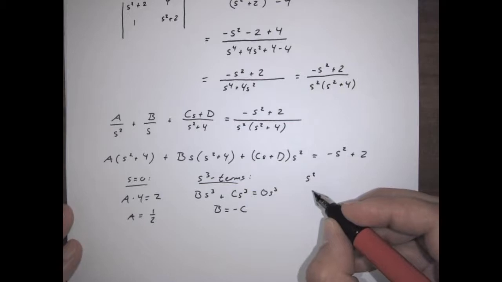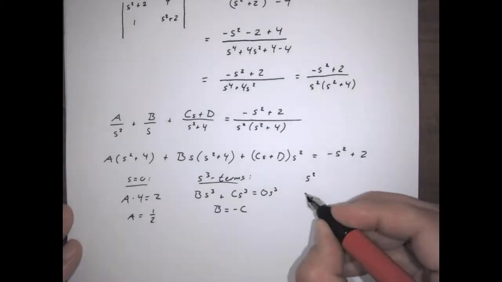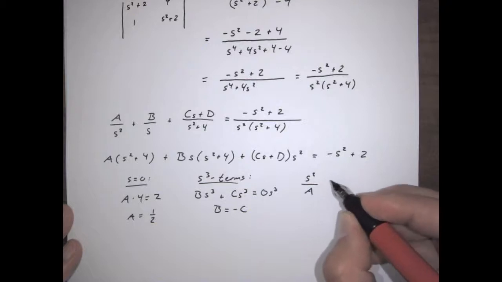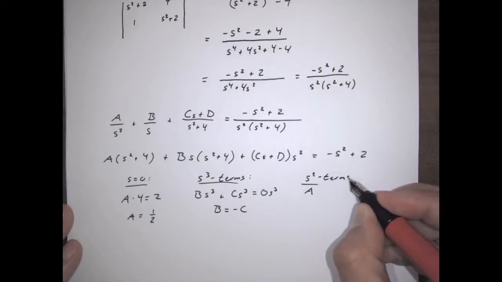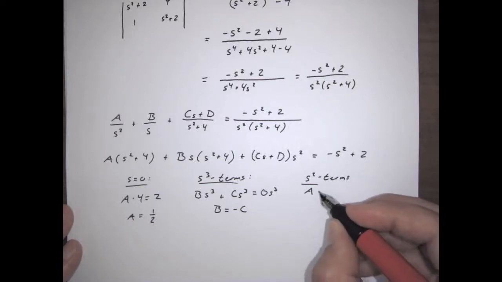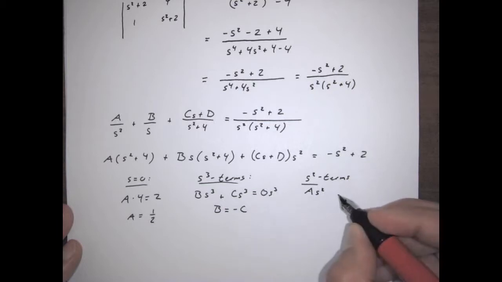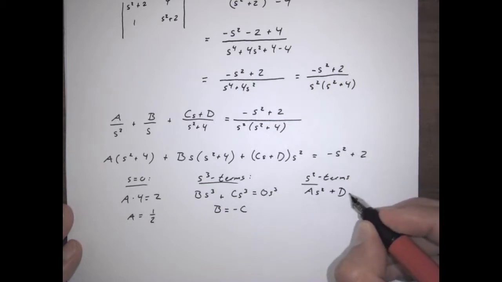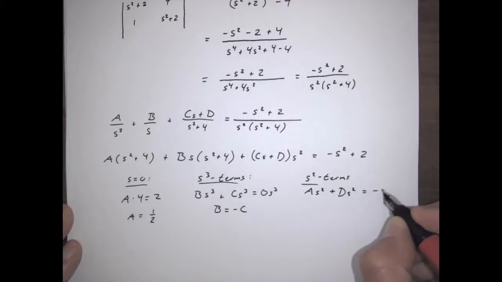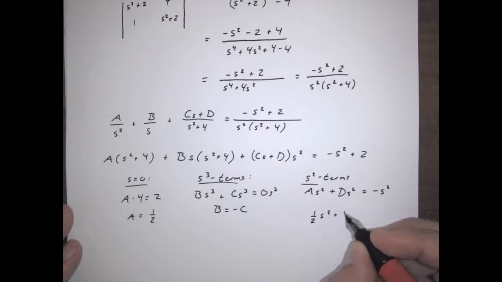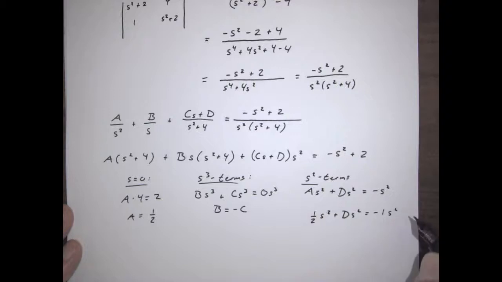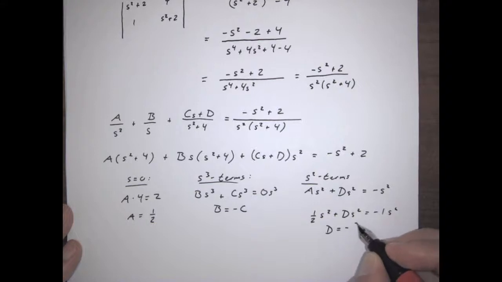From the s squared terms, we are going to be getting an as squared plus a ds squared is equal to negative s squared. But a we already know is 1/2. So if we subtract 1/2 from both sides, we're going to have d equals negative 3/2.